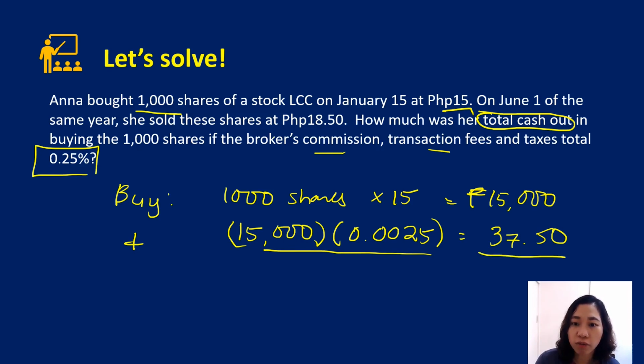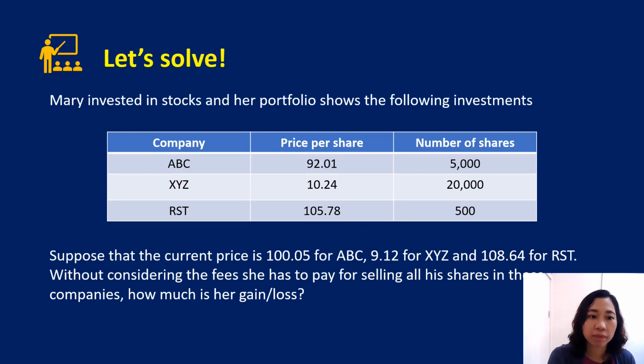Okay, so therefore her total cash out is equal to 15,000 plus 37.50. Understand?